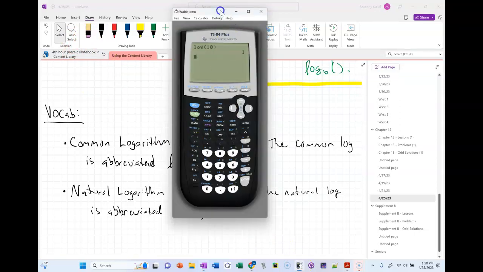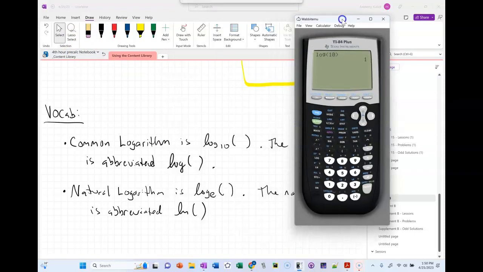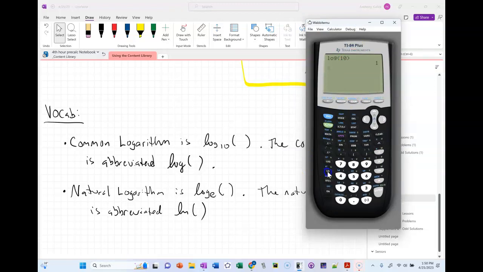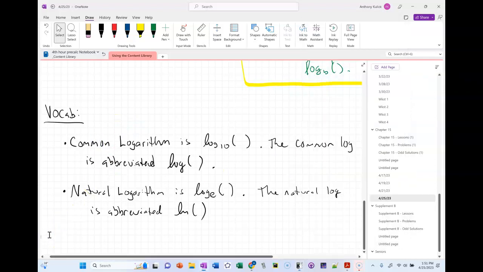Again, if you fired up your calculator, you'll notice that below the log button is the ln button. That means log base e. So if I did the natural log of e, I would expect to get 1. Does everybody feel okay so far? Okay. Let's do some more examples here.